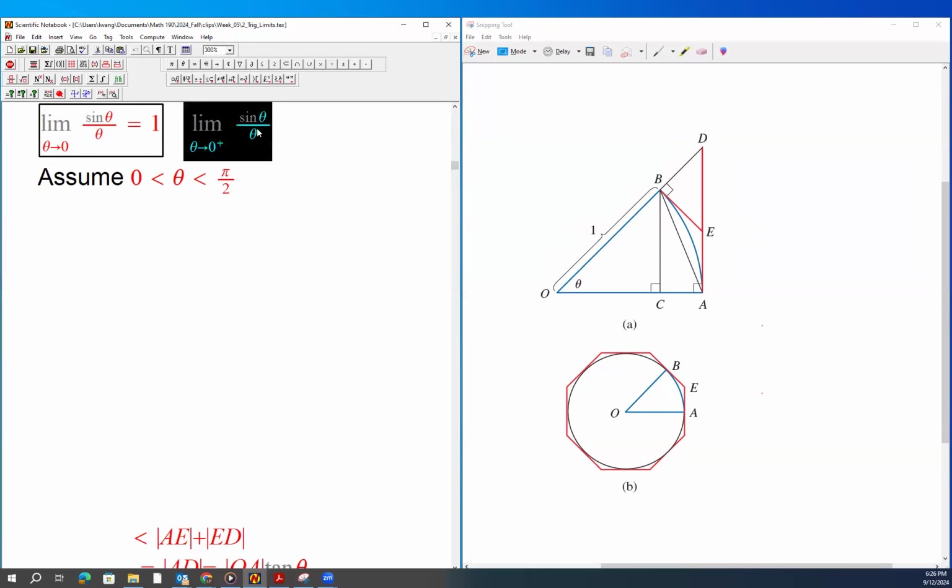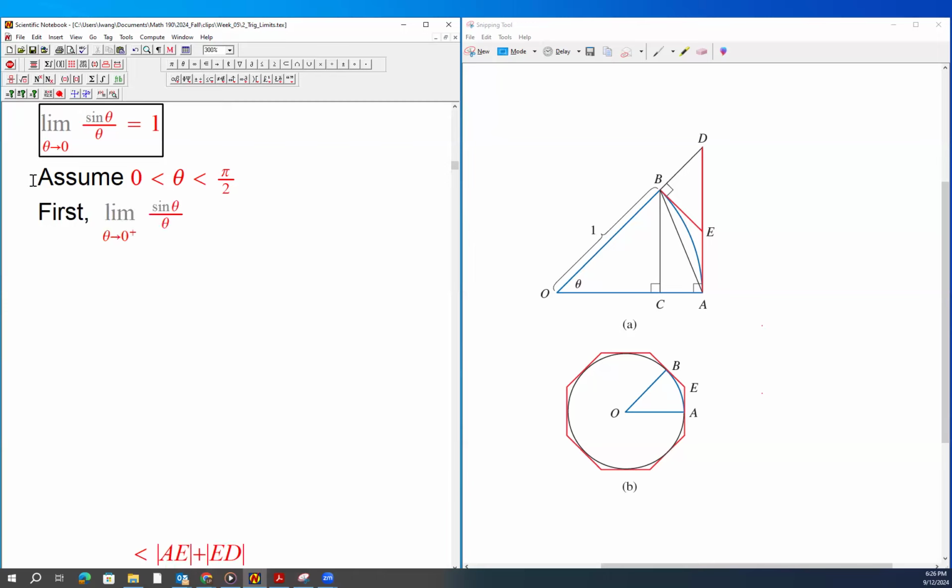So we are observing this limit first. That's why it's reasonable to assume that theta is between 0 and pi over 2.